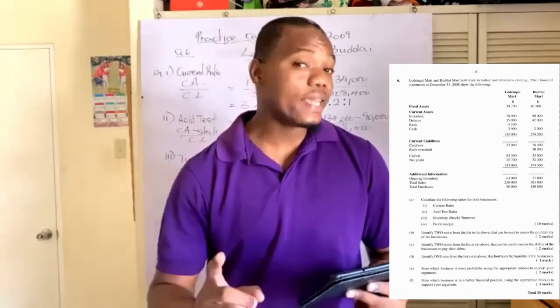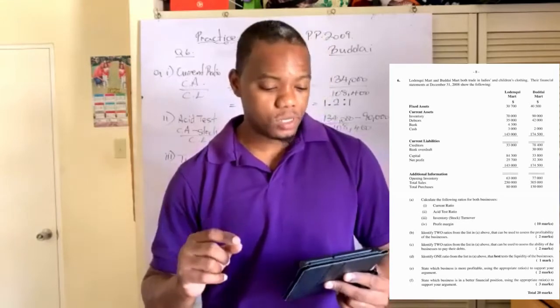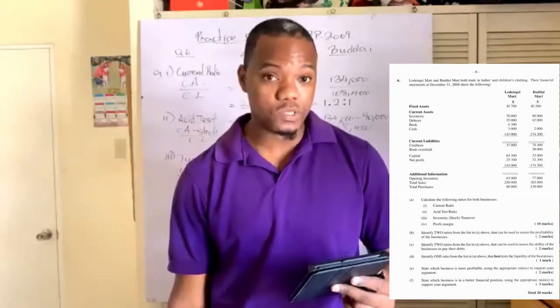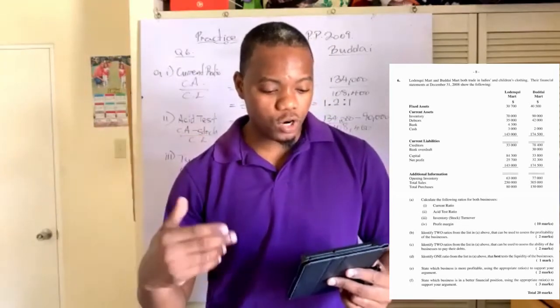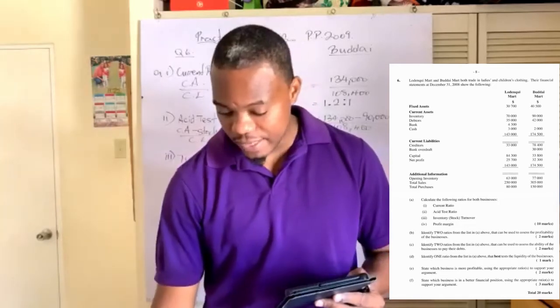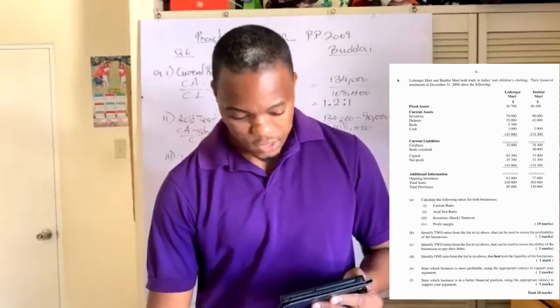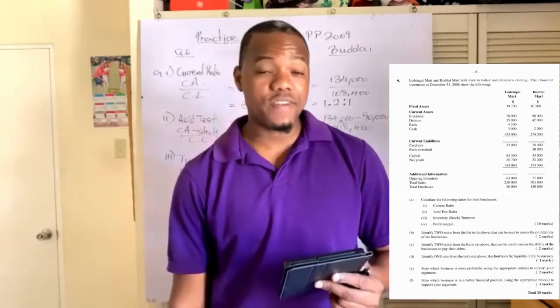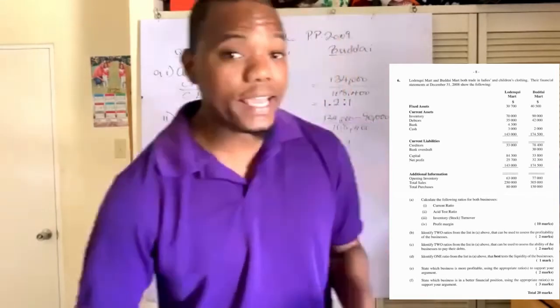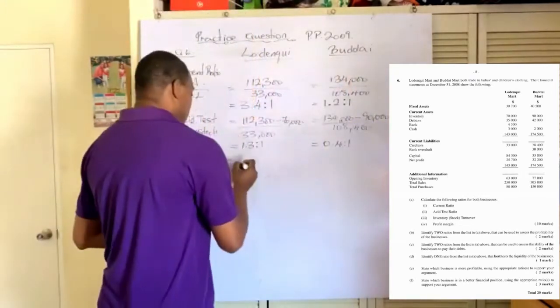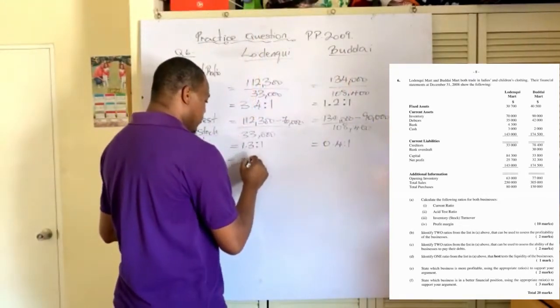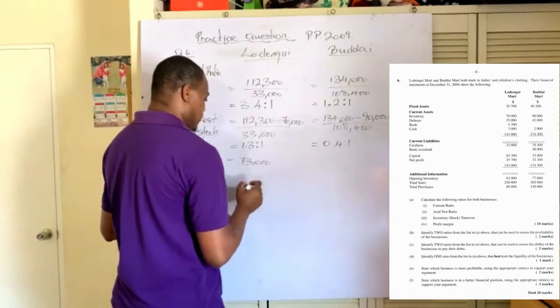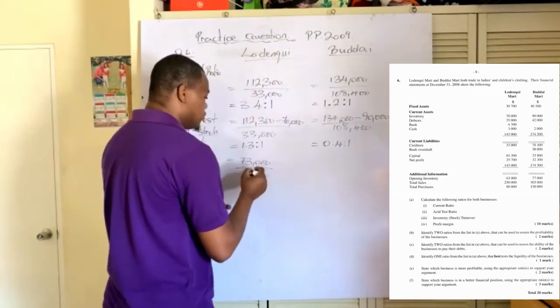So for Lodenki, his cost of goods available is 143,000. Now we need to subtract our closing inventory from that, which is 70,000. 143,000 minus 70,000 would give us 73,000. So Lodenki's cost of goods sold is 73,000. You guys see how I got the 73,000?